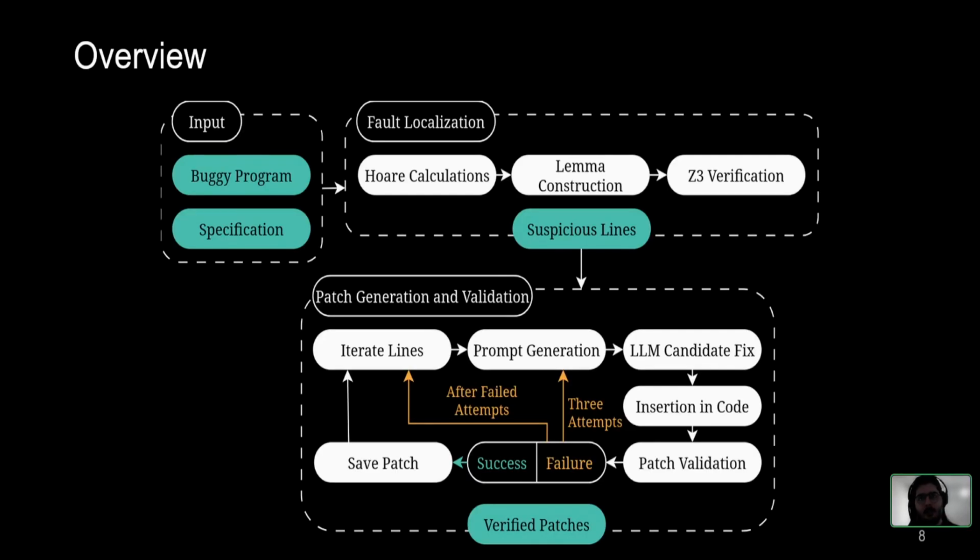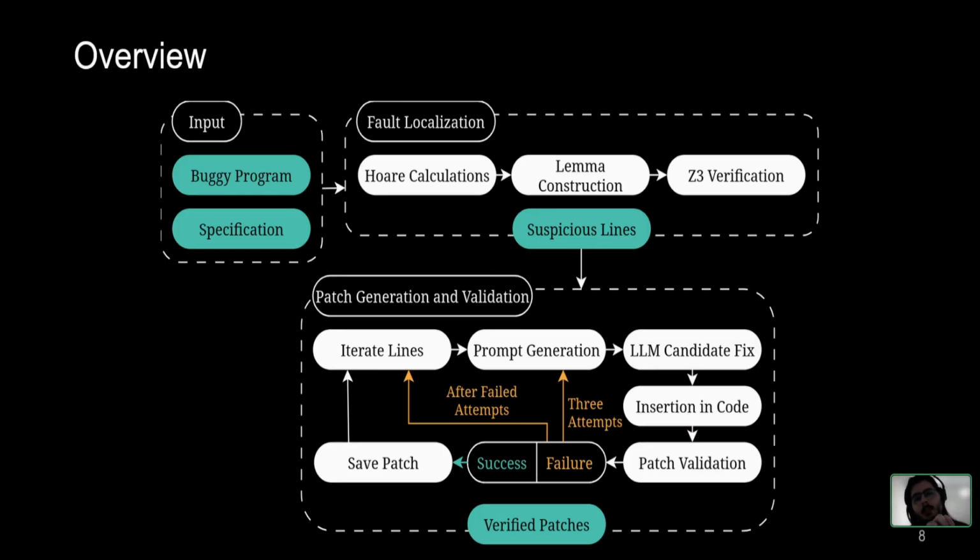So this is an overview of the full pipeline. It's a lot, but we can delve into it. We start with the Dafny programs, including their own specification. We first localize the fault using Hoare logic and Dafny lemmas. We'll see how that works. Then we generate candidate fixes using one LLM, in a specific implementation.